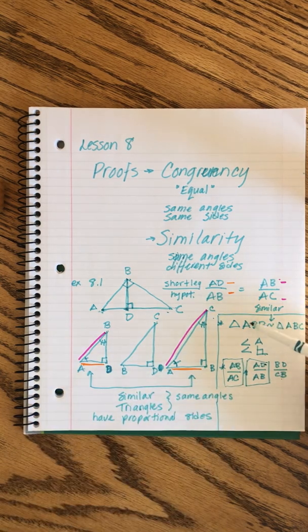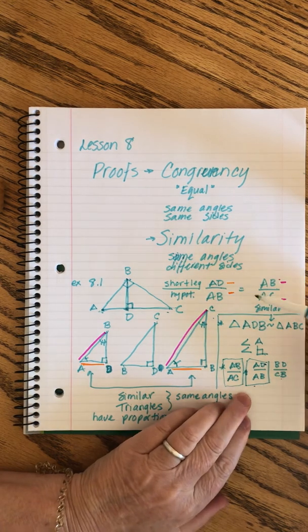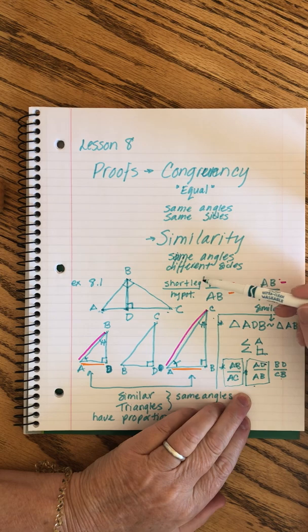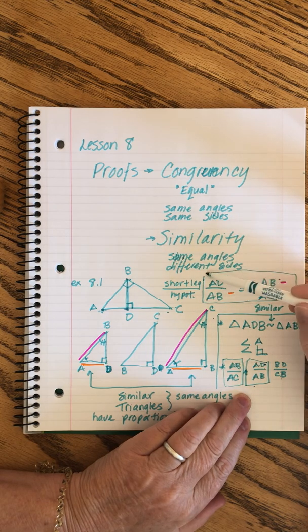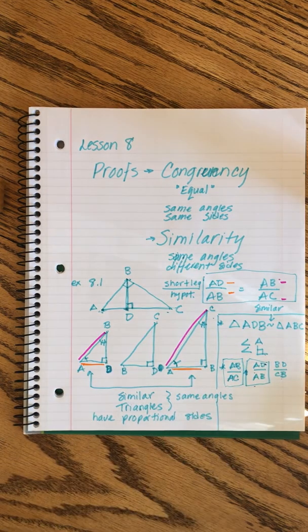So once I prove that these two triangles are similar, I can write out the pairs of proportional segments, and I have proved what I wanted to prove. This is what we set out to prove, is that this is true. And there they are right there.